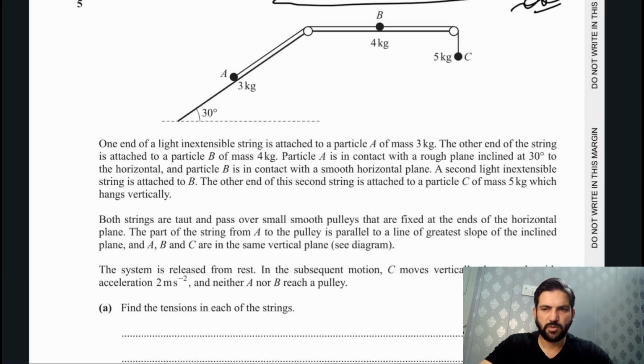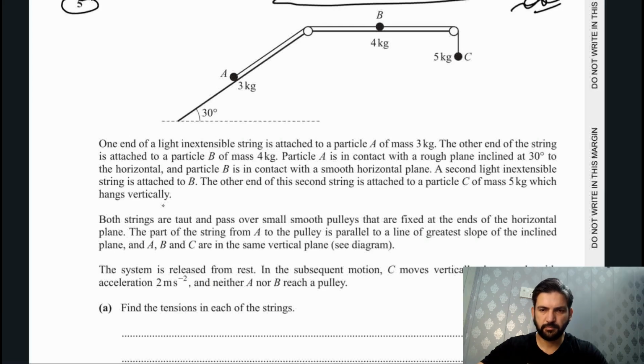Question number 5. This one is the question. We need to read the question carefully and simplify it portion-wise, like finding the tension in the string for each case.